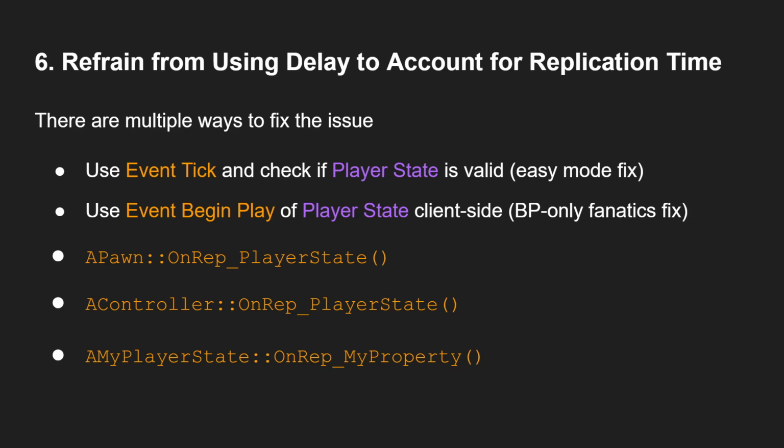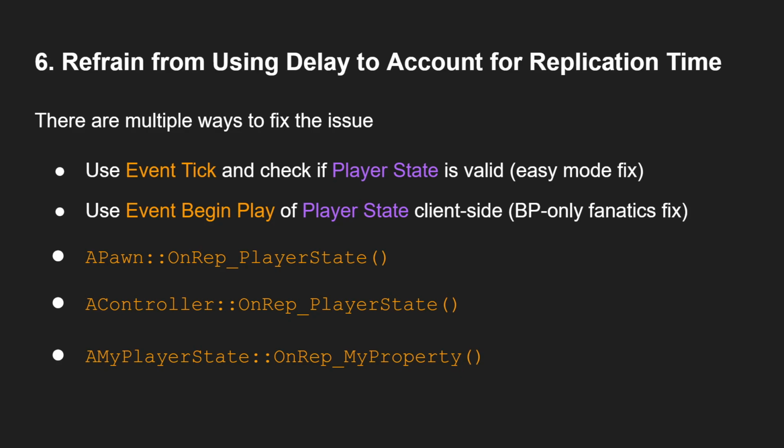This is a really valid scenario, but you should keep in mind that these OnRep functions only happen when you are setting the player state. And a player state is not a property that gets set frequently. It only gets set at the start of the game, or when, for example, a controller is seamless traveling or persisting. So it's really specific scenarios.